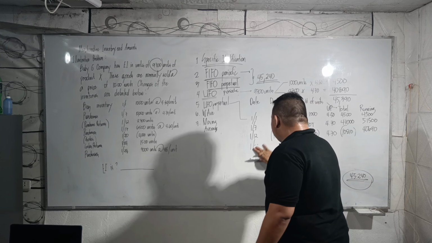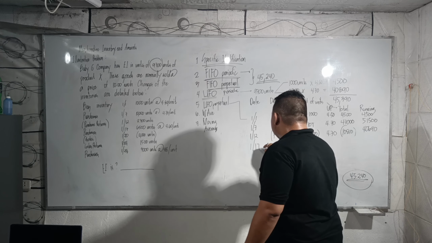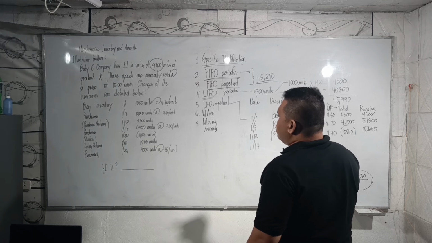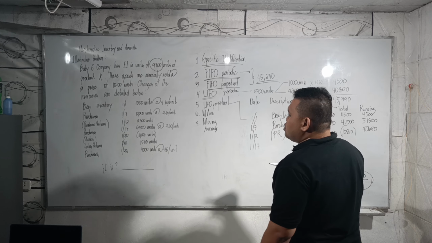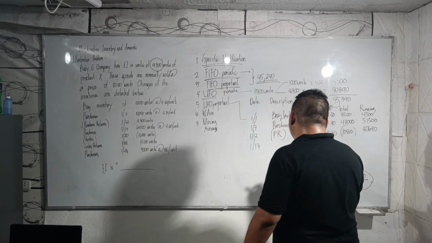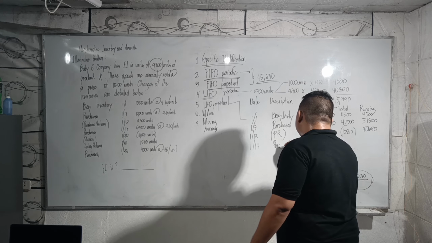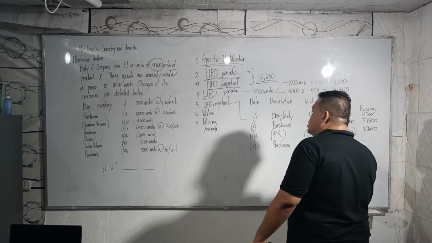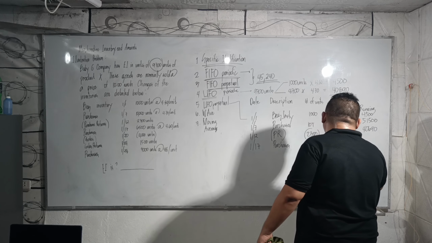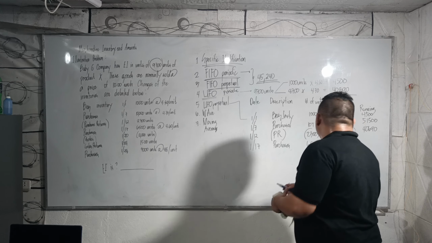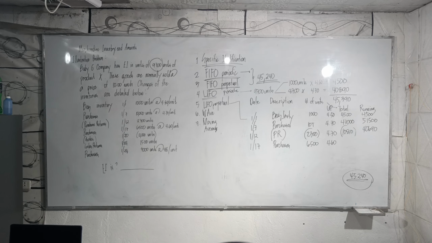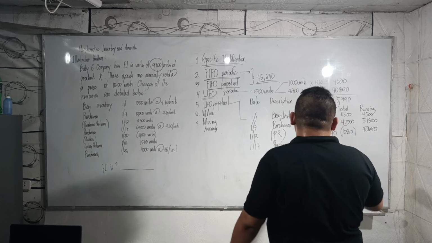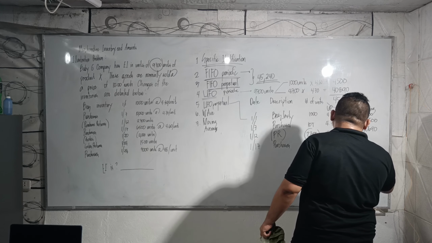Next, on 117, there will be purchases again. 6,500. But this time, it has a unit cost of 4.60. So the total is 6,500 times 4.60 equals 29,900.